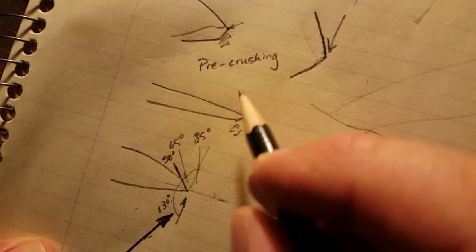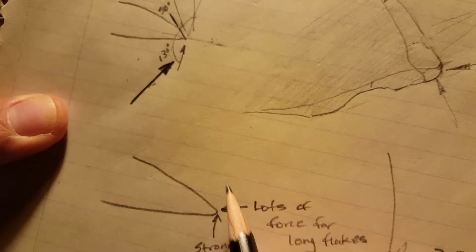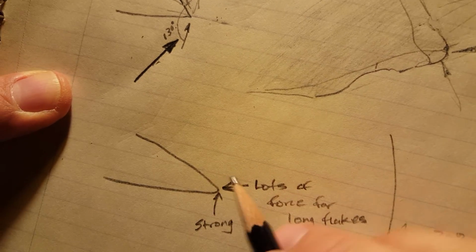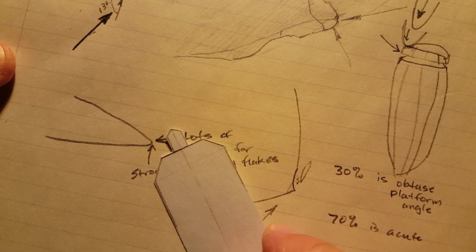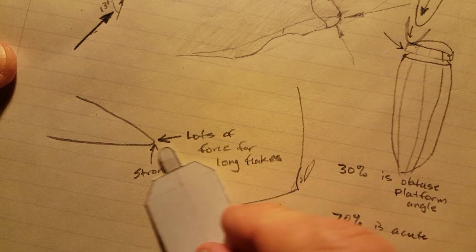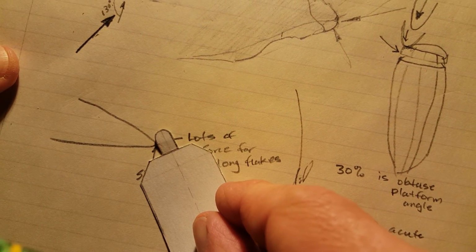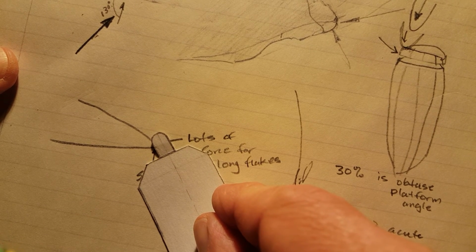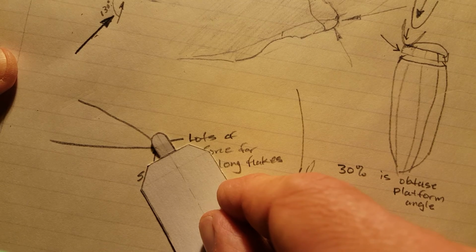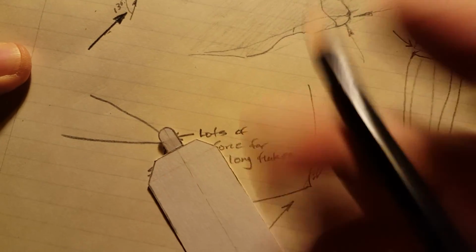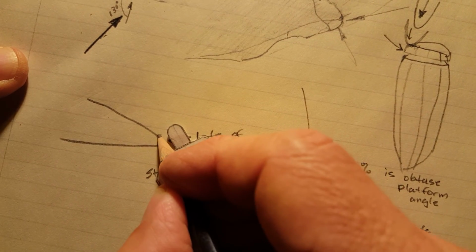Okay, or this method here where even if it's weak to start with, you're putting the tool high enough up on that edge so any crushing going on before doesn't matter too much, because the tool is going to rest up here.